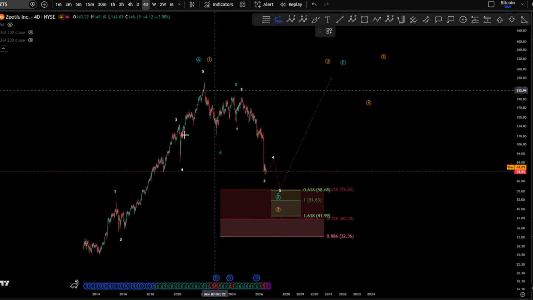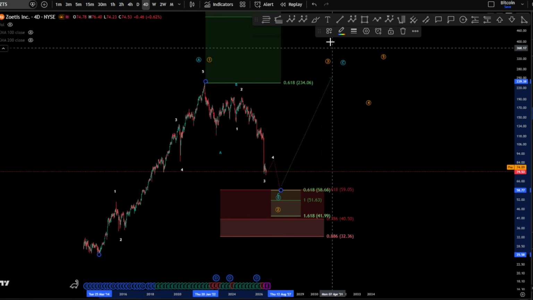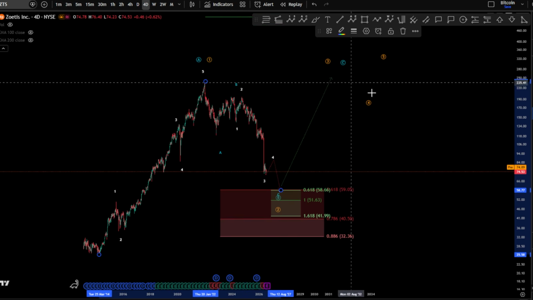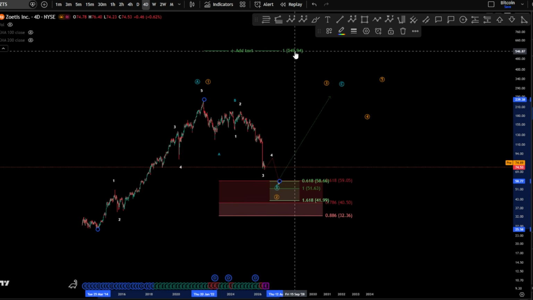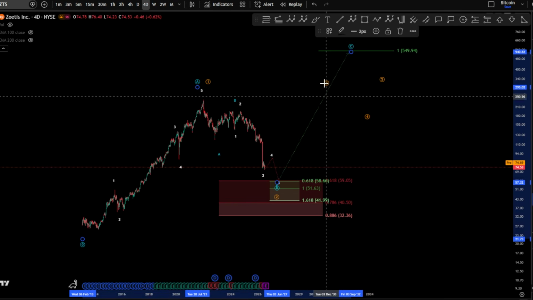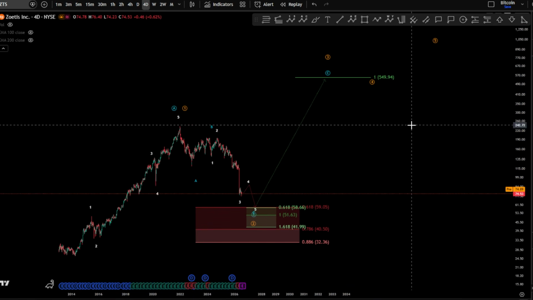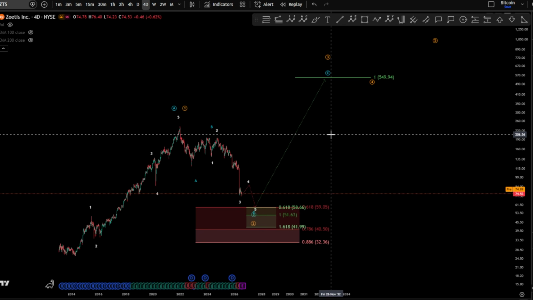You push for higher here, and very likely to hit. I mean, this is just a projection, guys. Nothing yet confirmed before finishing wave B, but you might get a $549 at least for a wave C, and maybe higher. Maybe it's going to be 3, 4, and a 5 toward the upside, a larger impulse.